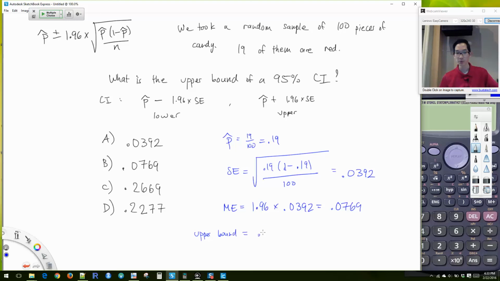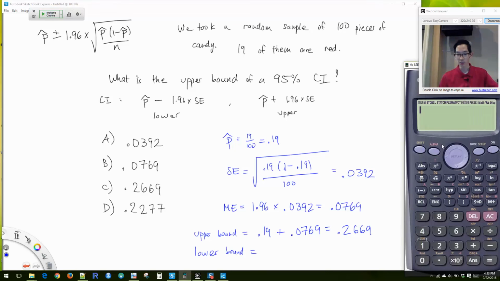And then the upper bound is equal to 0.19 plus, so p hat plus 1.96 times our standard error, so plus 0.0769. And that gives me 0.2669. The lower bound, which was not a question, would just be 0.19 minus 0.0769, which is 0.1131.